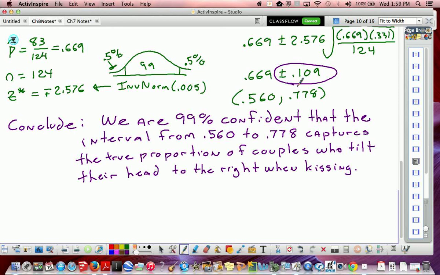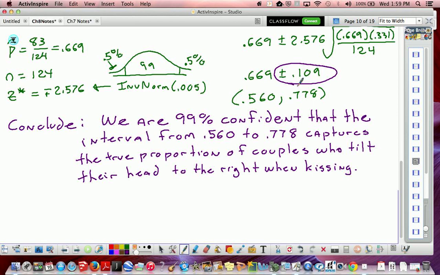Being off by 11% in either direction, that's pretty big, right? So sometimes companies want to find ways to reduce this margin of error. They want it to be only like 5% or 4%. If you're collecting a poll on who's going to be the next president of the United States, do you really want that poll to have a margin of error of 11%? Probably not going to tell you a whole heck of a lot.